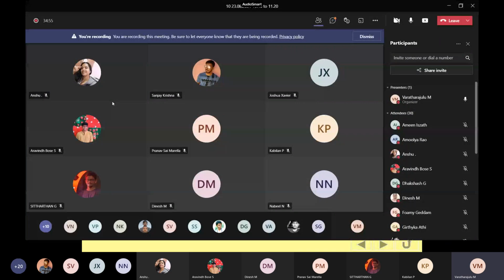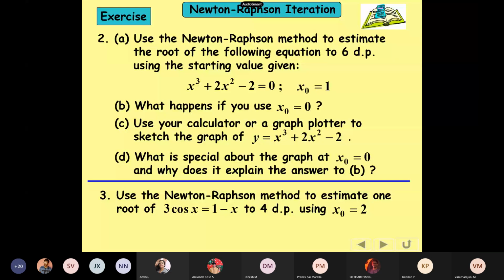Now give 0 and press equal to. Then your answer would be 0, right? Now go back to the past equation and press equal to. What happens? Tell me. We can't divide by 0. Yes, you'll get a mathematical error, right?